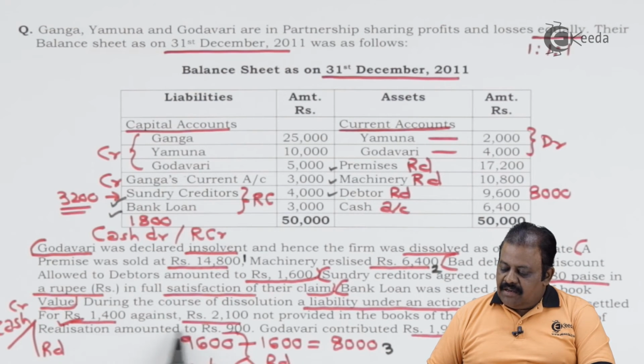During the course of dissolution, a liability under an action for damages, a contingent liability, was settled for 1,400 against 2,100, not provided in the books of the firm. So this unrecorded contingent liability of 2,100 finally got settled for 1,400 at the time of dissolution. So we have to record entry only for 1,400. Cash bank account will be credited and realization account will be debited.